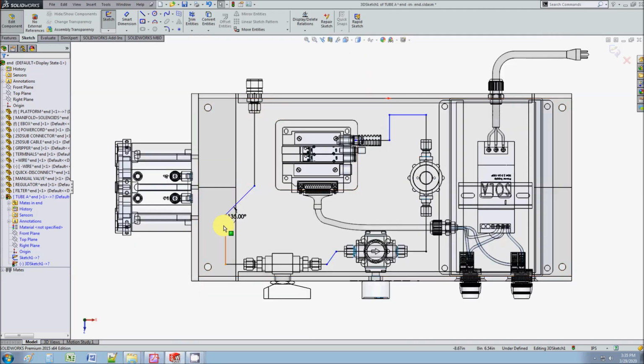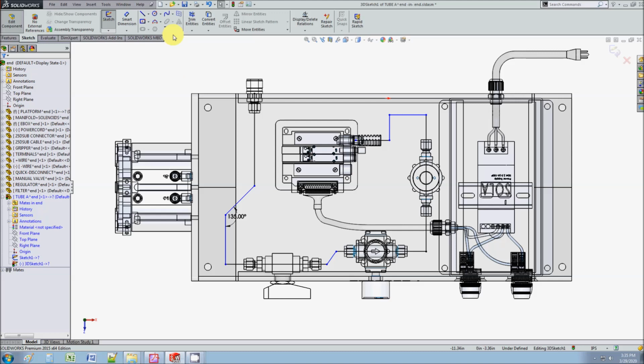So I went ahead and cleaned up our path sketch, and you'll notice that every line that goes through a component is black. It's black because I've added that concentricity mate. I've selected an edge, I selected a point, and it made it concentric, as you see here.